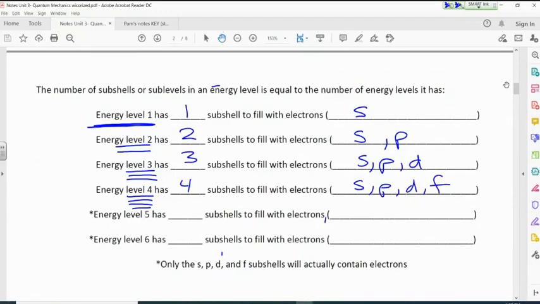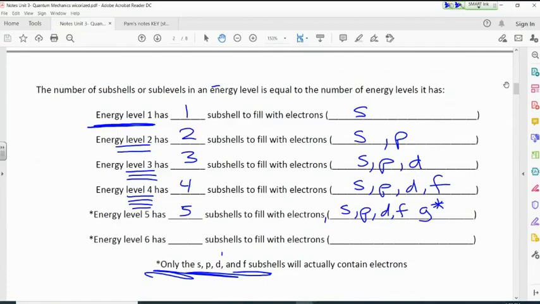Energy level 5 has 5 subshells. So we got an S, a P, a D, an F. And then there are G's that we put this little asterisk by it because only the S, P, D, and F subshells will actually contain electrons, but basically they have this G available shape to those very big atoms that sometimes the electrons pop into.